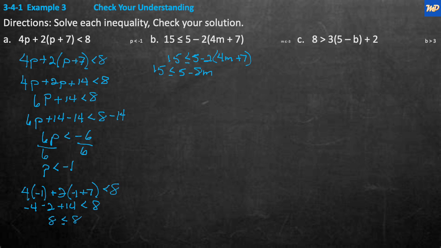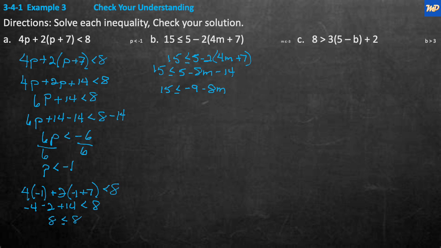Minus 2 times 7 is minus 14. Okay, so now we have a 15 on one side and we have two constants with the 8m, so we're going to combine like terms here. So now we're going to say 15 is less than or equal to 5 minus 14 is 9, right? Negative 9. Negative 9 minus 8m.